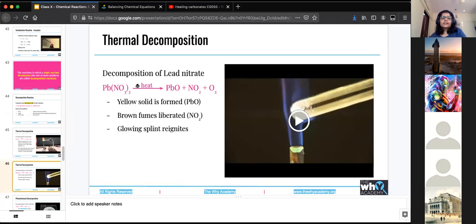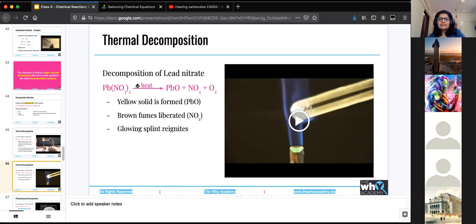Paying attention to the colors is really, really important because you will get application based questions. It'll be of the form: a white compound X on heating was observed to leave behind a yellow solid and liberate brown fumes.